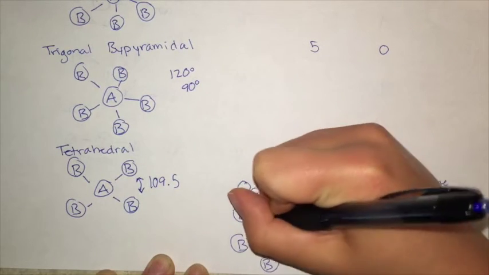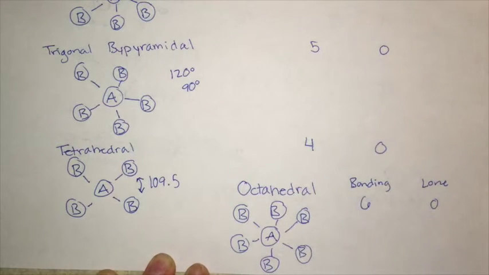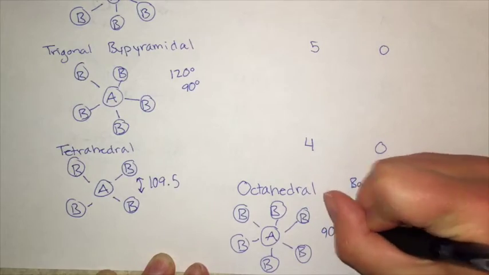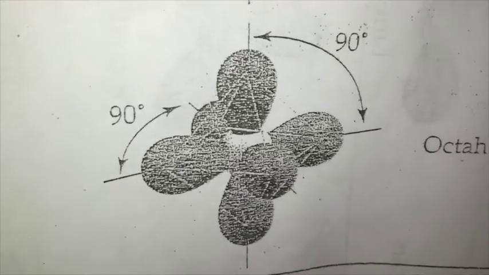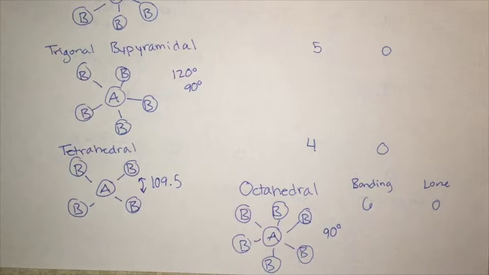And then we have 6 bonds. And that is your octahedral. These will have 90 degrees in between each of them. And then this is what a 3D version of an octahedral looks like. So, yep, this is the main part of our molecular geometry.